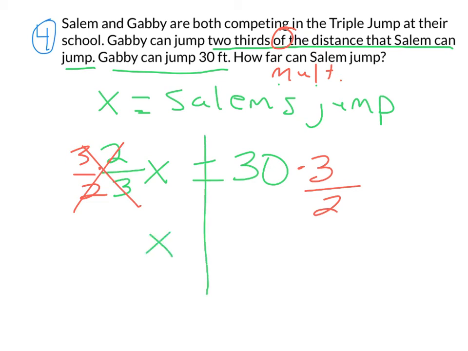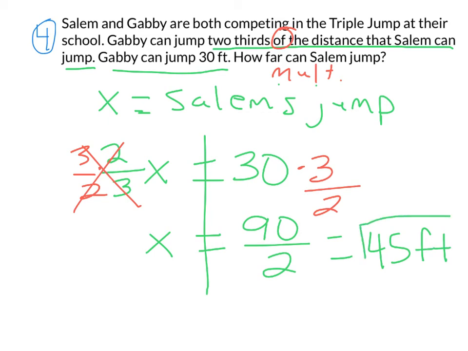So x is equal to, multiply straight across, 90 over 2. Well, 90 divided by 2 is equal to 45. Put our label on here, it's 45 feet. So that, again, is what Salem jumps.